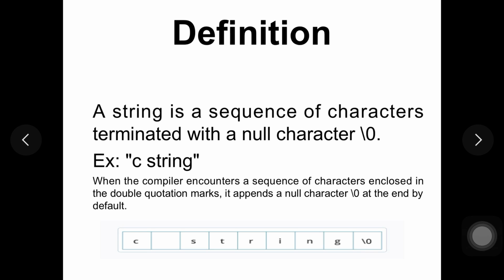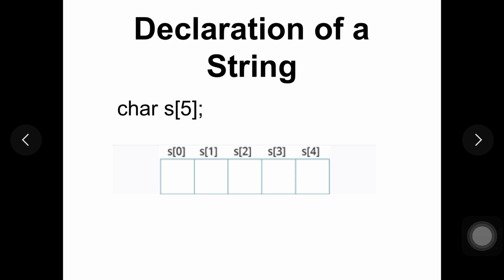So next we will see how we are declaring a string. As we are calling it a character array, the basic data type to declare a string is char. So that's why the data type used here is char followed by the string name. In our example the string name is yes, followed by the size of the string.